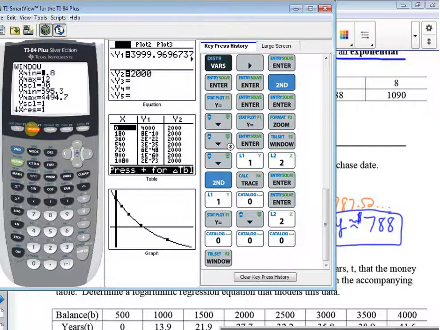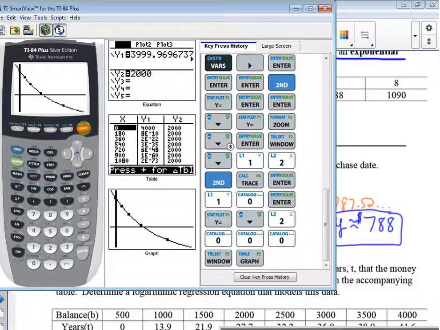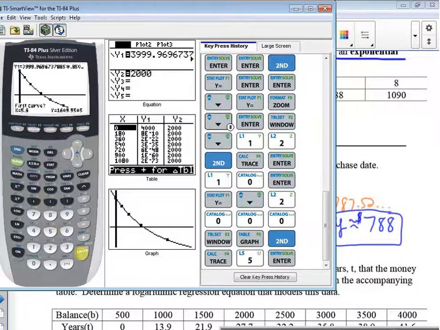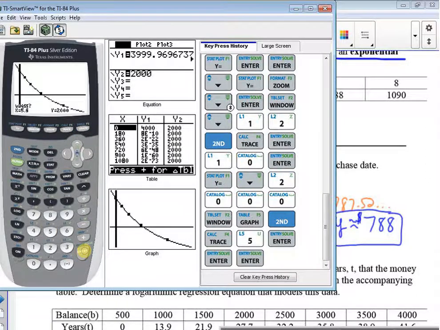It does. Your y min, it's between there. So we should just be able to hit graph, and we're looking for the intersection. So it's second trace intersect. And the intersection is 4.265, and they want it to the nearest year, so 4 years.